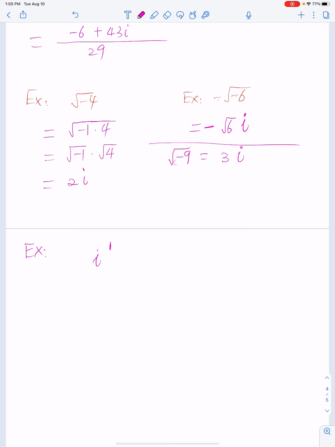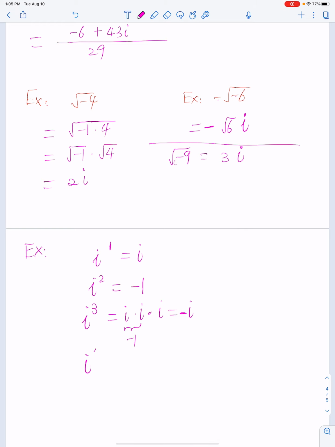Okay, so the next thing we wanted to see. i to the power 1 is what? i. What is i squared? We know the definition, negative 1. What will be i cubed? i cubed is i times i times i. 2 i's multiplied together is what? Negative 1 times another i is negative i.